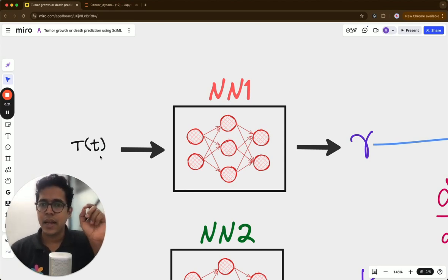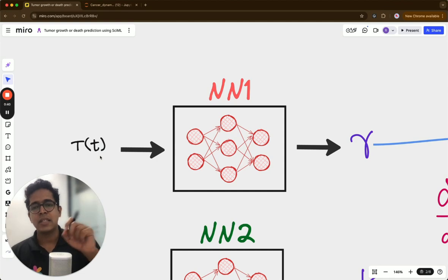Here, remember that you have one thing, which is the initial tumor size, T of 0. So you can use T of 0 as the input into the neural network to make an initial prediction of R. Otherwise, you can choose the tumor size in the beginning as random. So T of t as a function of time, you keep it as random numbers in an array.